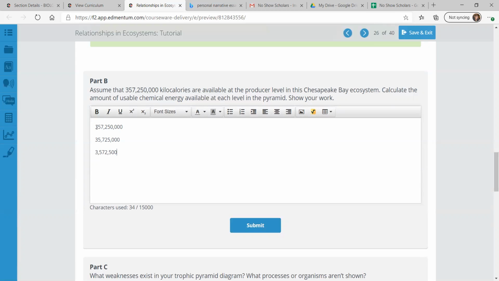So we went from 357 to 35 million to 3 million, and so on. So you see how each level is reduced.